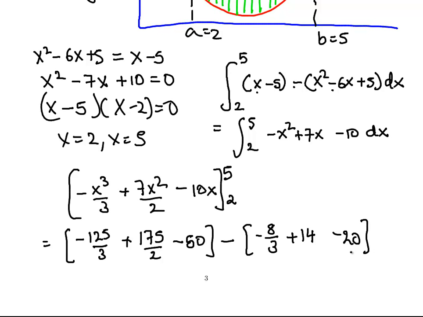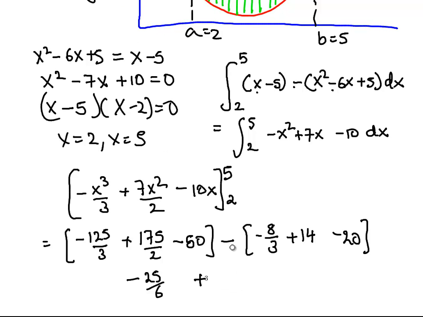So you could essentially put this into your calculator. I'm just going to break it up into two parts. Minus 125 over 3, just put everything over 6. For example, minus 250 over 6 plus 525 over 6 minus 300 over 6. Essentially minus 25 over 6 plus 26 over 3, or in other words plus 52 over 6.